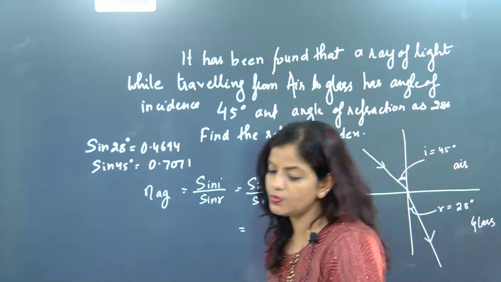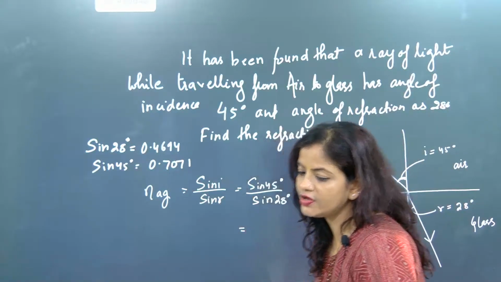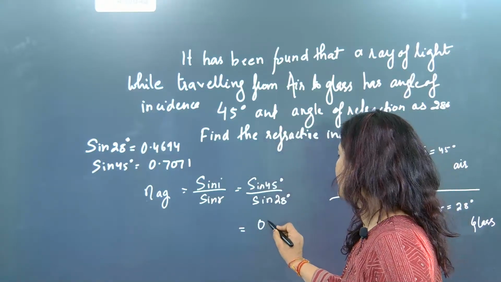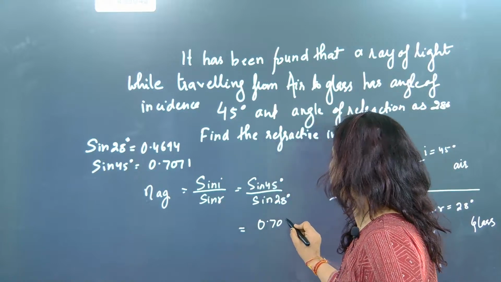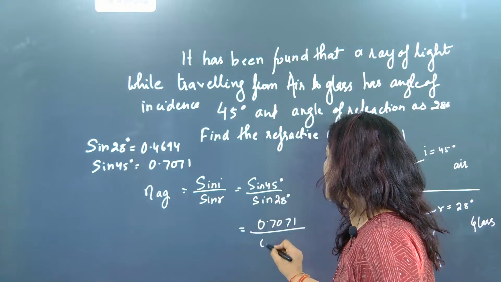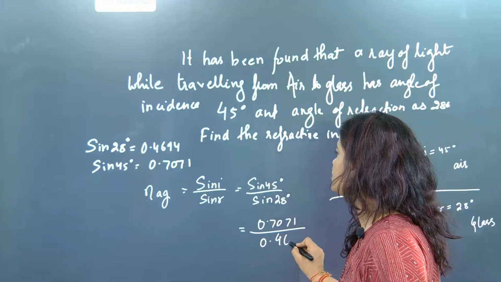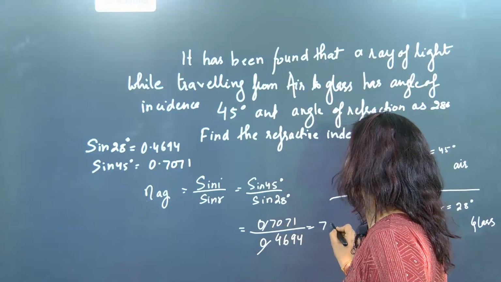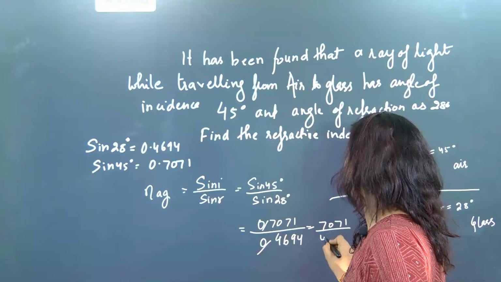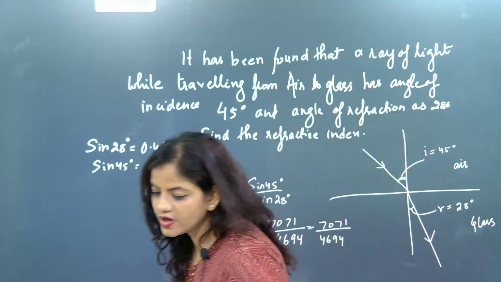Now put the values. Sine 45 degrees is 0.7071, and sine 28 degrees is 0.4696. So 0.7071 divided by 0.4696, the approximated value is 1.5.